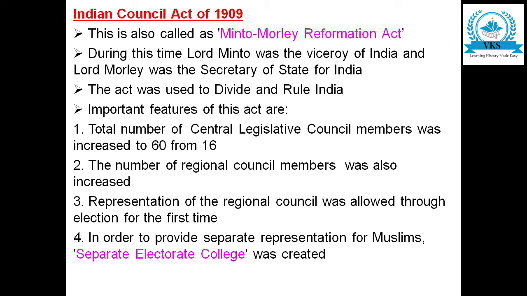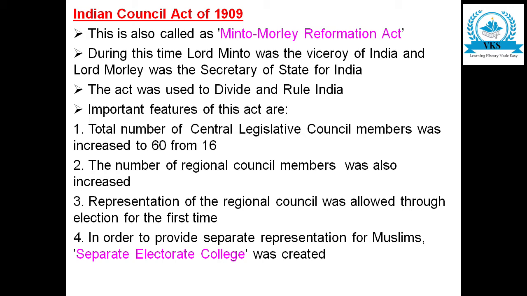Now let us see the important features of this act. The total number of Central Legislative Council members was increased to 60 from 16. So before, the number of Central Legislative Council members was only 16. After the passing of the Minto-Morley Reformation Act, it was increased to 60.